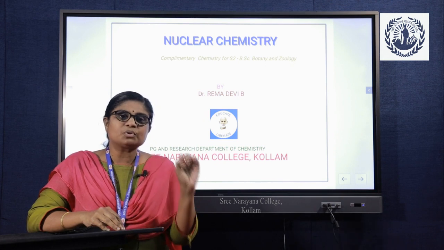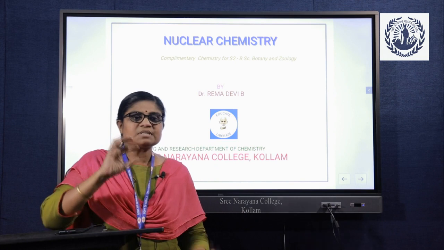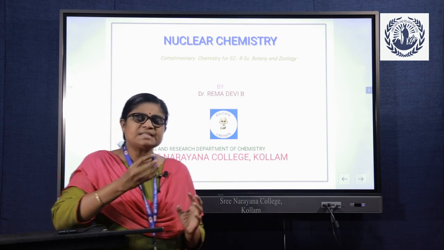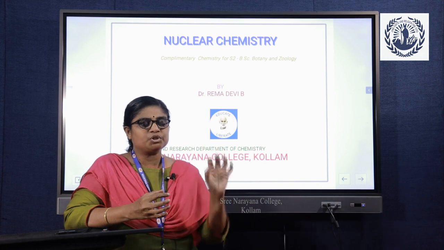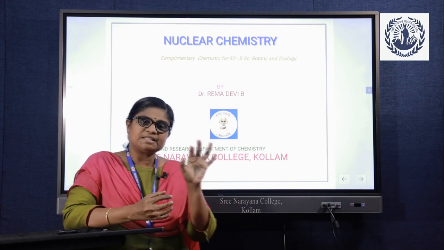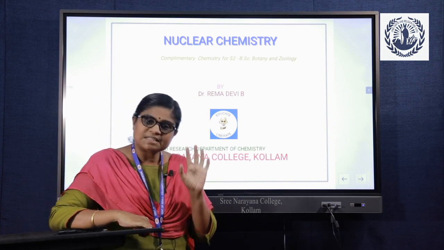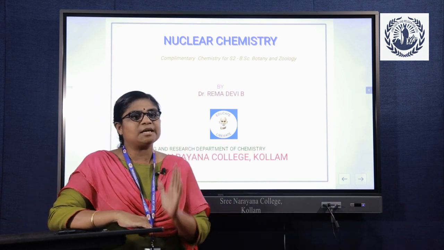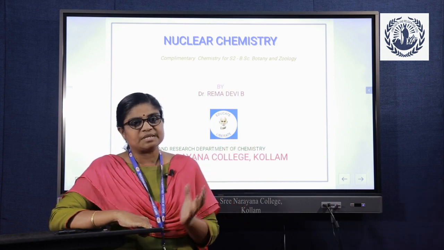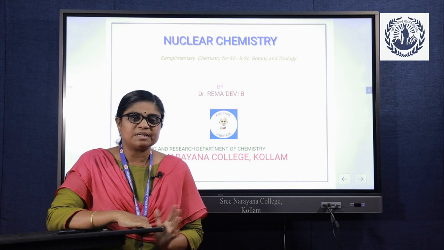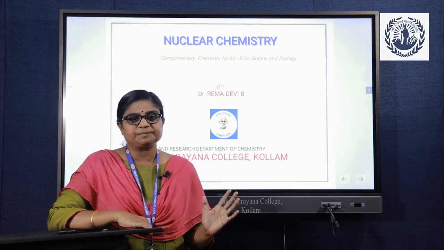When the number of neutrons is equal to the number of protons inside the nucleus, the n by p ratio, neutron to proton ratio, is equal to 1 or nearly equal to 1, and these nucleus are stable. These type of nucleus where the number of neutrons and protons are almost the same are stable nucleus and they do not show any radioactivity.